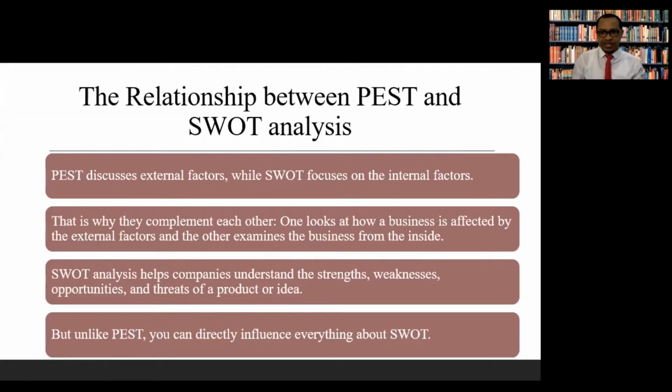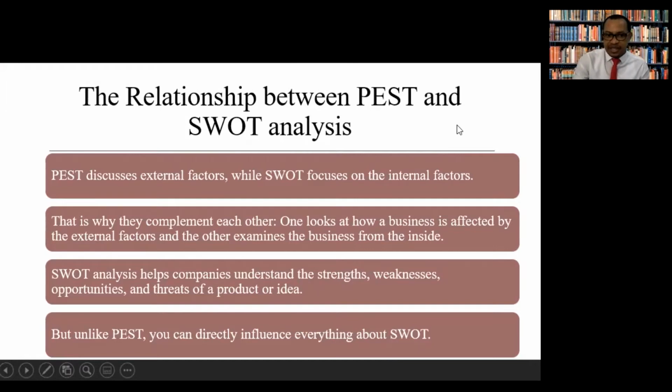Now, what is the relationship between PEST and SWOT analysis? Before we go into talking about how to combine them, it is good we understand their relationship, so that by the time you understand the relationship, you will be able to appreciate why you should use the two of them for better analysis.